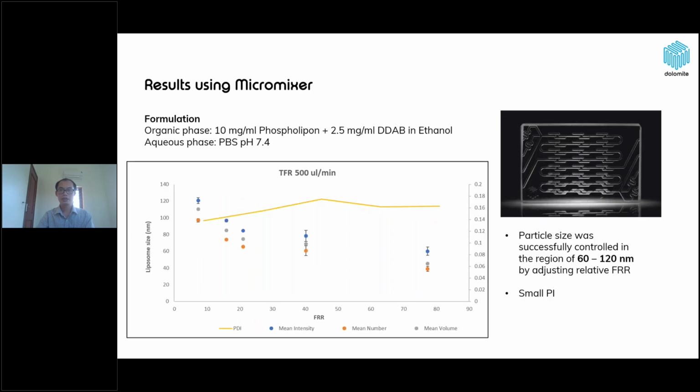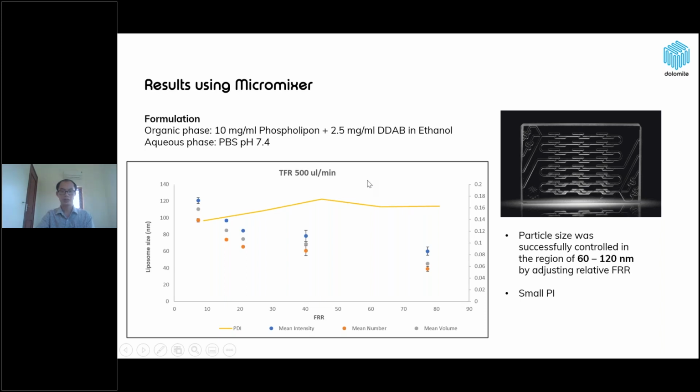And here is another result that we obtained using another chip geometry. We use the micromixer chip with the same conditions as the previous experiment. As the results in this table show, we use a higher total flow rate of 500 microliter per minute, and the result shows very good low PDI values, with a particle size range from 60 to 120 nanometers by changing the flow rate ratio.